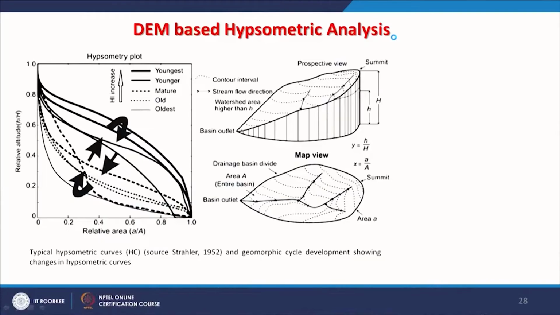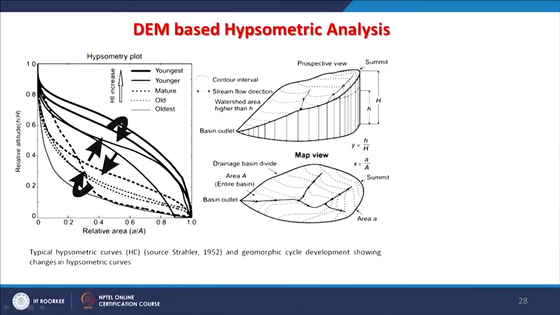Now, a little bit more about the hypsometric analysis, which is again a DEM derivative, and a lot of research is being done using these things to understand the terrain, topography and fluvial processes as well. So, what we basically do is derive hypsometric plots.